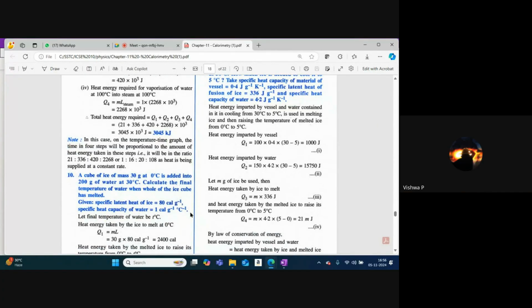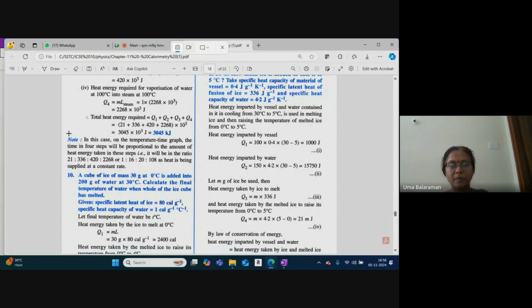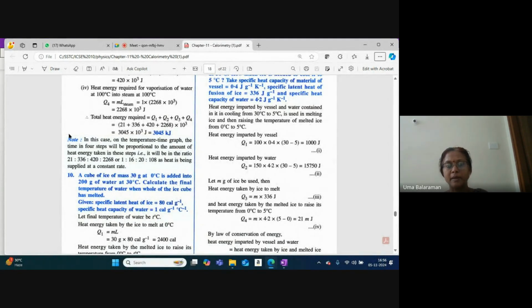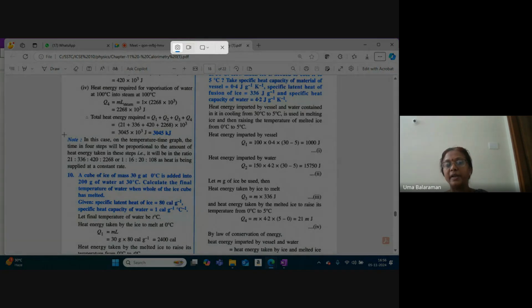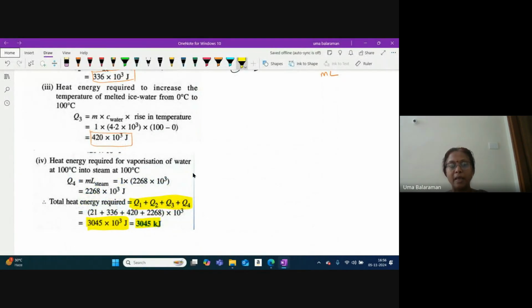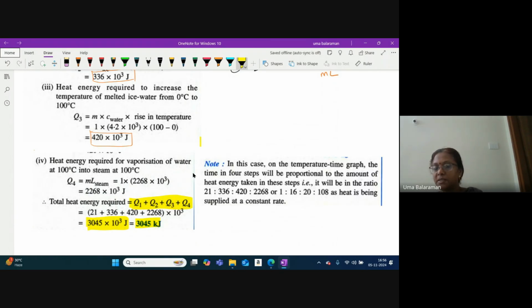Yes, ma'am. They've given one note also. They're asking what is the total heat energy needed to convert from ice cube to vapor. In this case, on the temperature-time graph, the time in 4 steps will be proportional to the amount of heat energy taken in these steps.